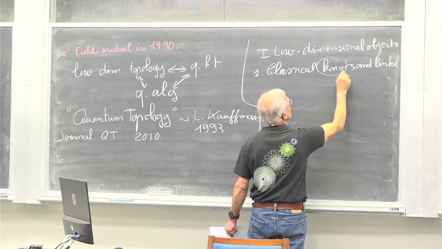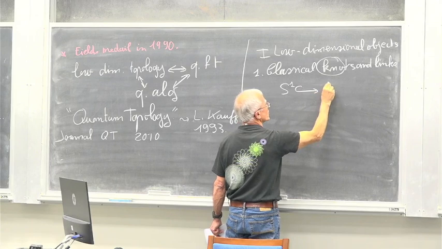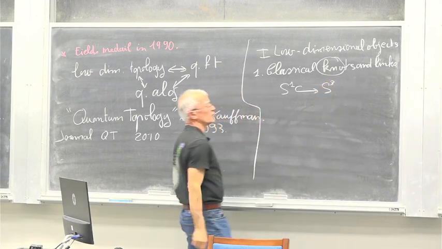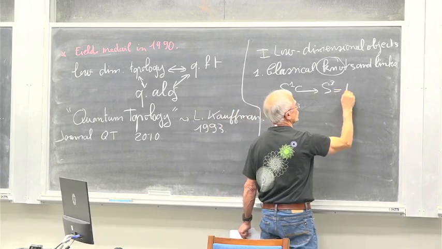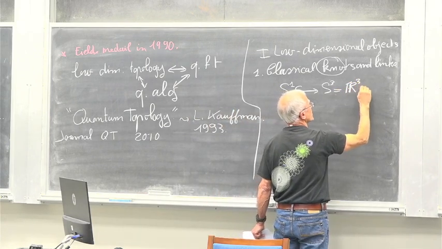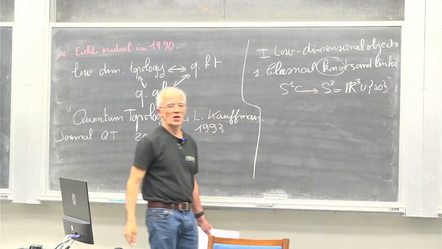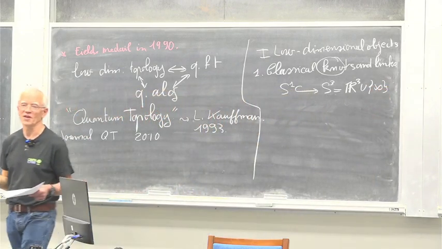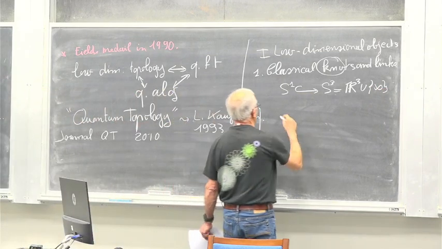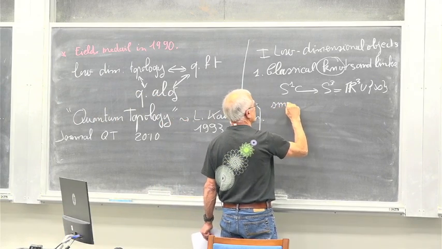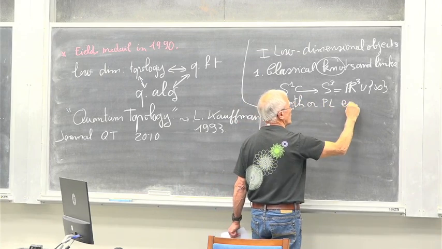A knot is just an embedded S^1 in the 3-sphere. This 3-sphere we usually understand as R^3 compactified, so we can draw in the space. It should be a smooth or piecewise linear embedding.